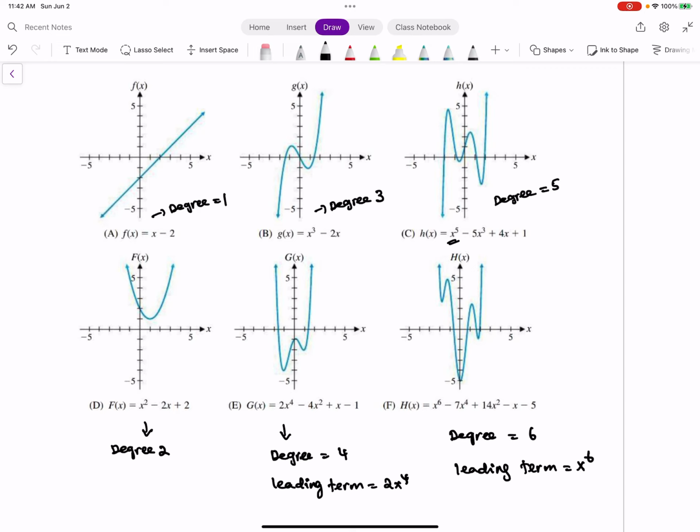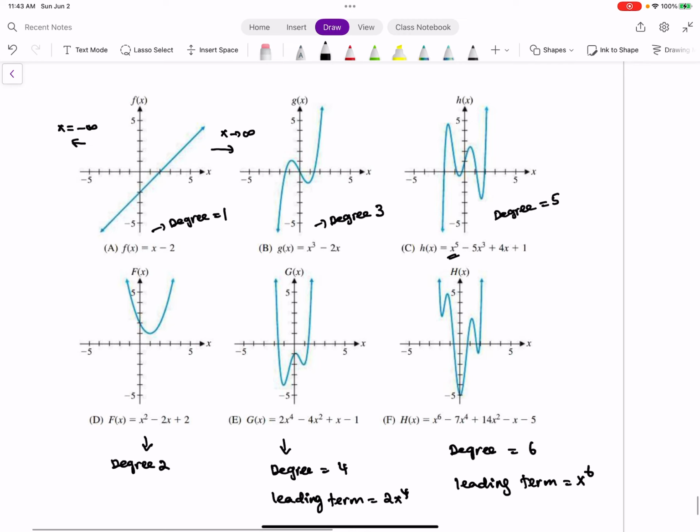Now our next discussion will be the behavior of the polynomial, that means the end behavior. The end behavior means what happens when x goes to positive infinity and when x goes to negative infinity, to the right side and the left side of the graph of the polynomial. Now you can look at a pattern, right?